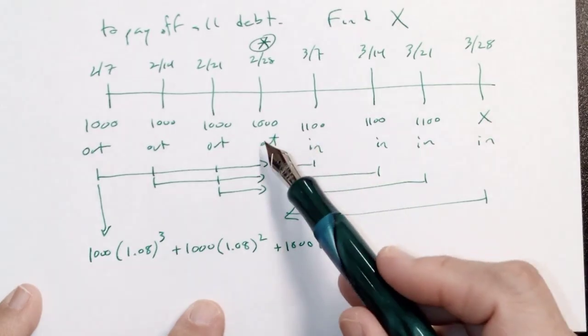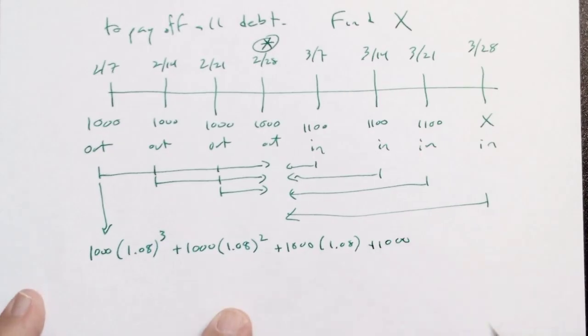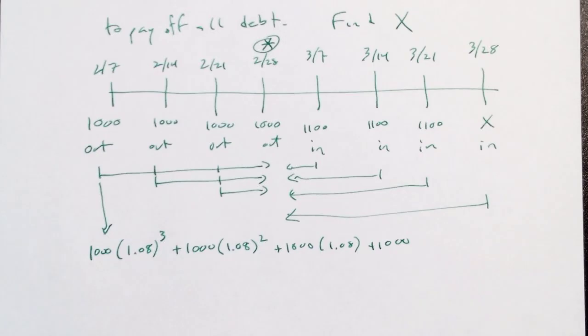And this $1,000 that is borrowed on the 28th itself, how much interest does it get charged? None. Those are the outs. The outs have to equal the ins. So now I can say the outs have to equal the ins. So let's do the ins.